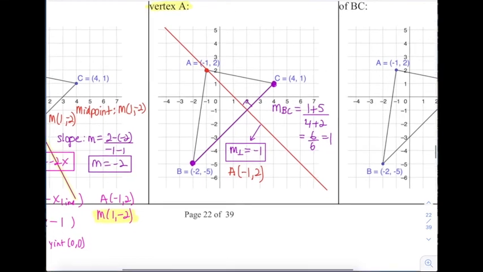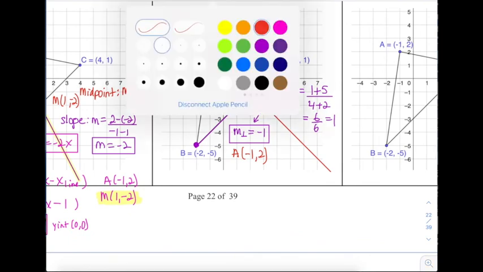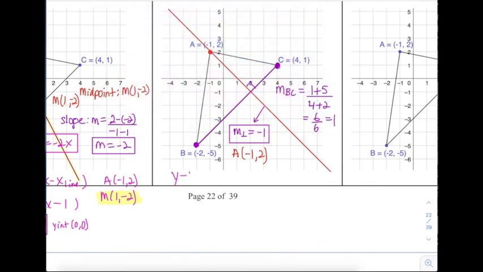So when I go to do y minus y1, I have no options, which in some cases is nice. Okay, so I get y subtract 2 equals -1 times x plus 1.